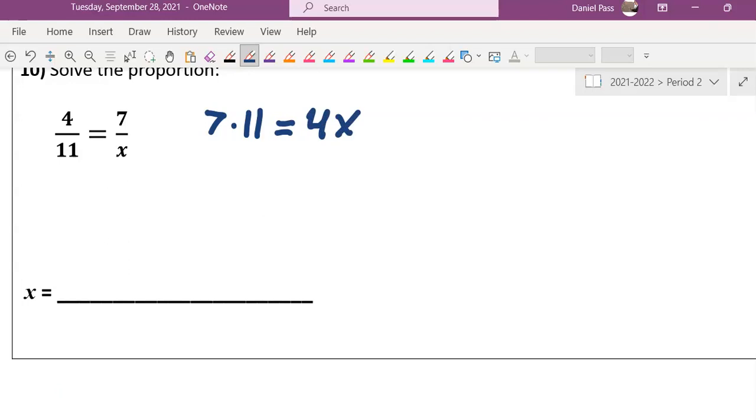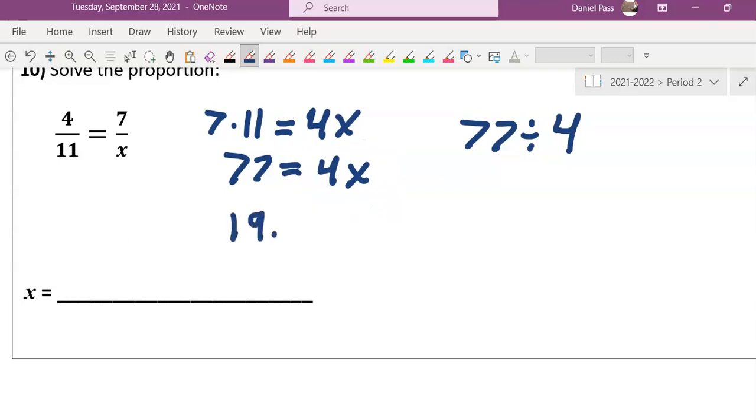And then 77 divided by 4. Usually we write the 4x and then it's divided by 4. Very good. Because we divide by this to find out what x is. All right, what did you get? 19.25. Awesome.